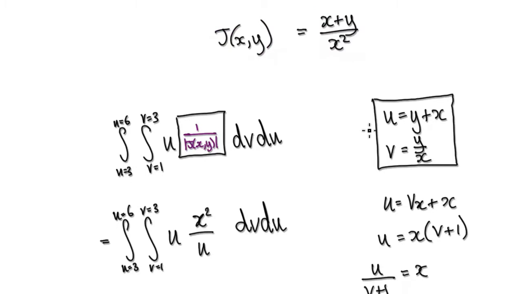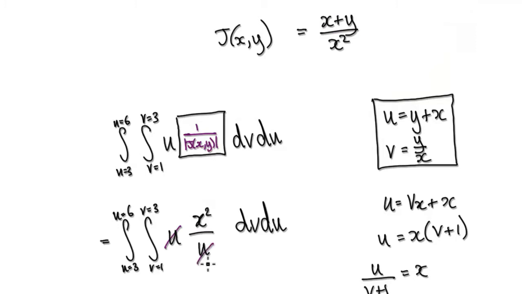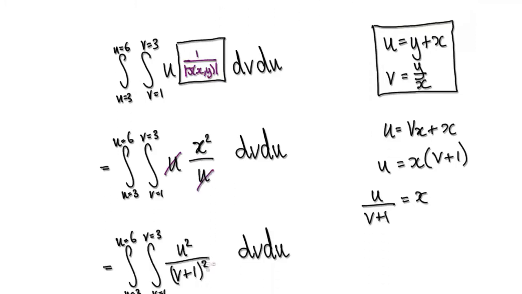So looking at the Jacobian, notice that this is u here. Remember, we will need to put the reciprocal into here. So 1 over this thing would be x squared over u. So we can put this into here, and that will give us this. And then these two u's cancel each other out, giving you just x squared. But then what is x squared?